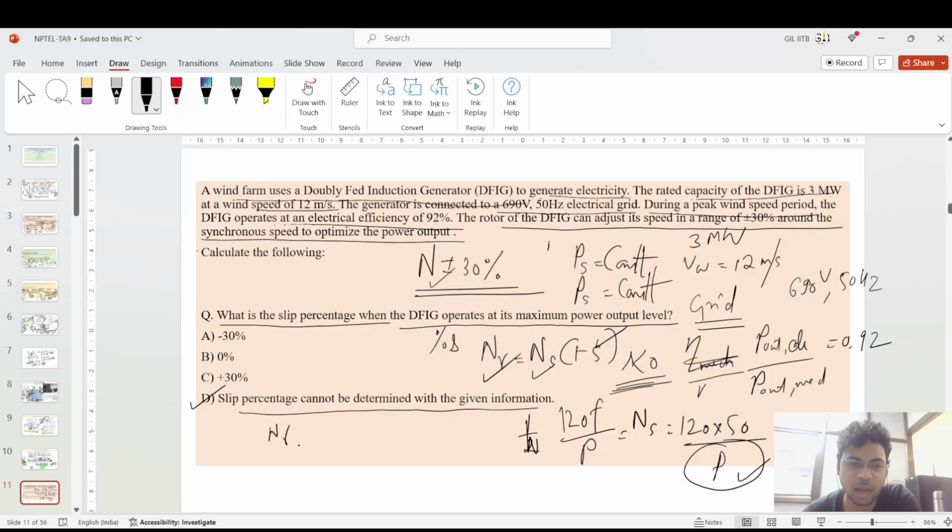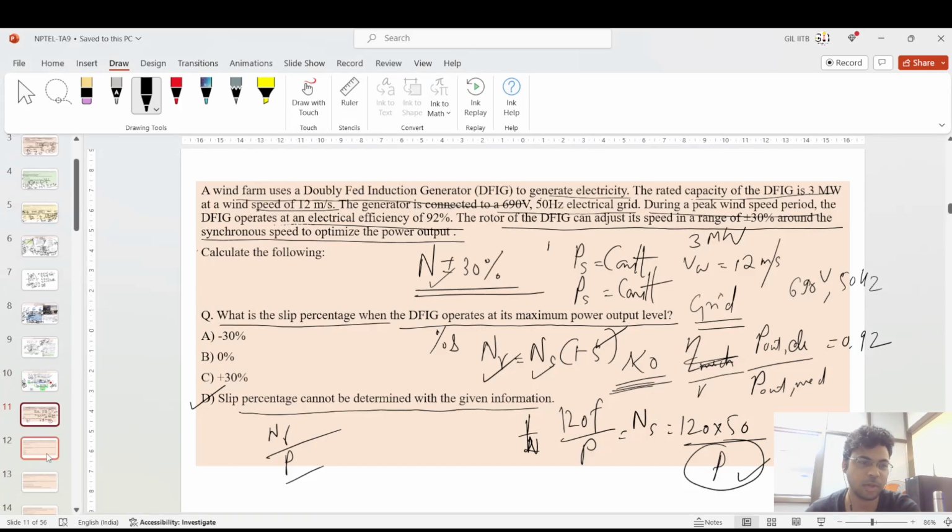So the answer is D, because the slip percentage cannot be determined from the given information, since we don't have this NR and we don't have the pole value. So there is no calculation involved. If you have any problem, you can ask me.